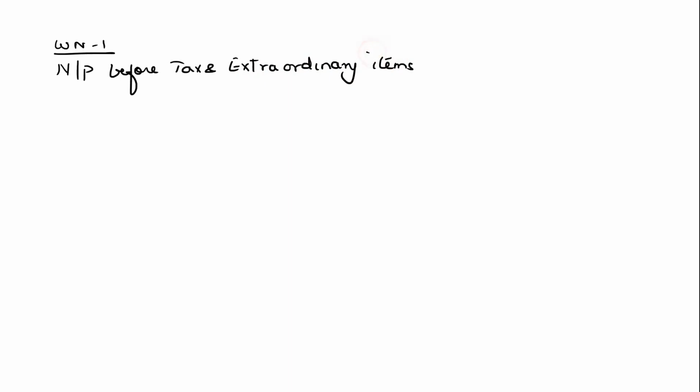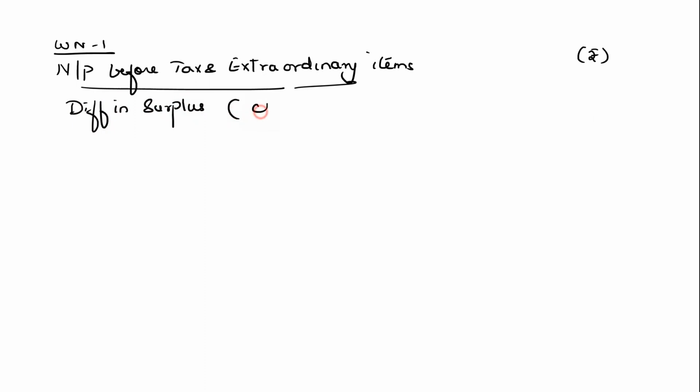So in working note number 1, which is for net profit before tax and extraordinary items, as I told you, the starting point is going to be the difference in surplus. So the difference in surplus, that is the closing balance minus the opening balance in the surplus.